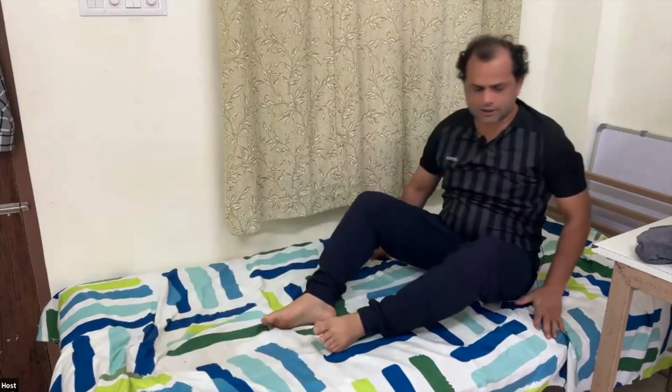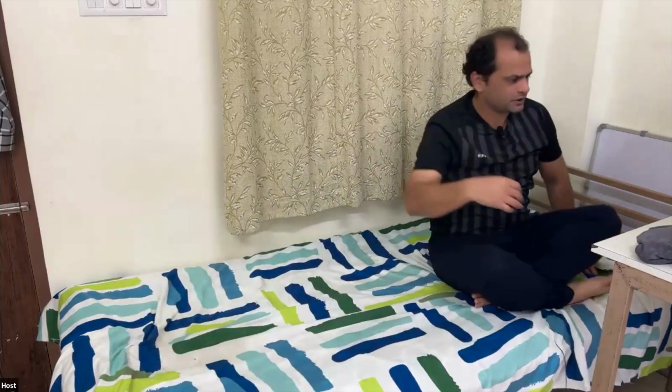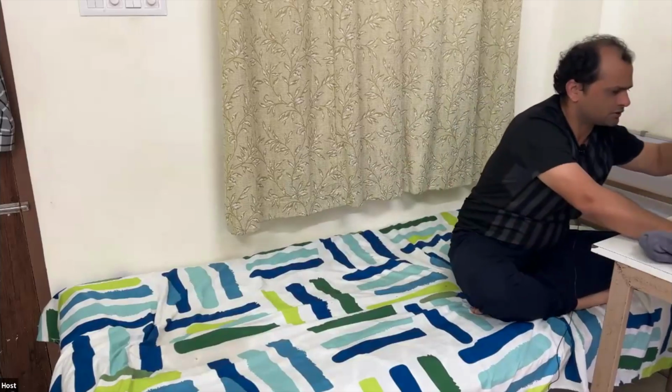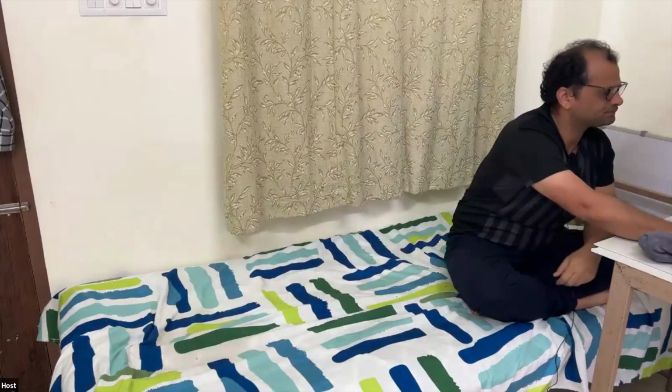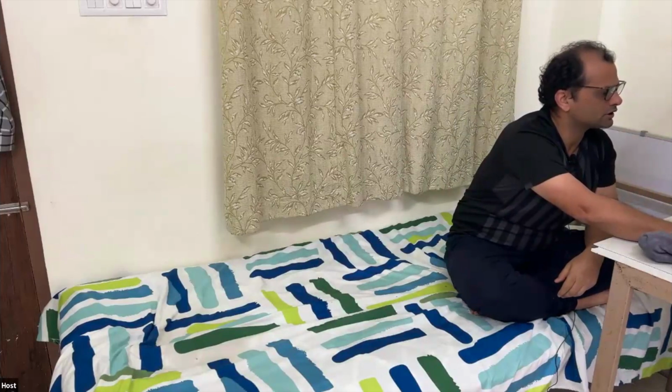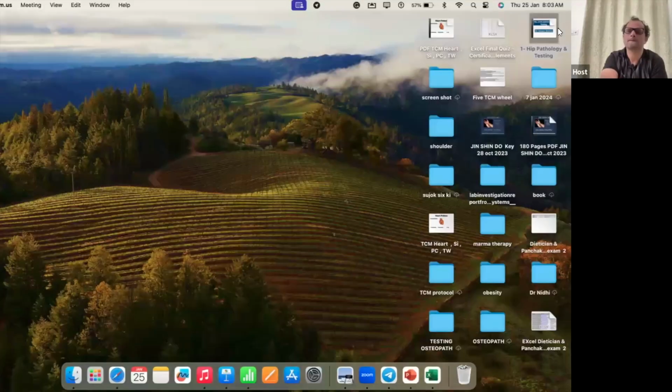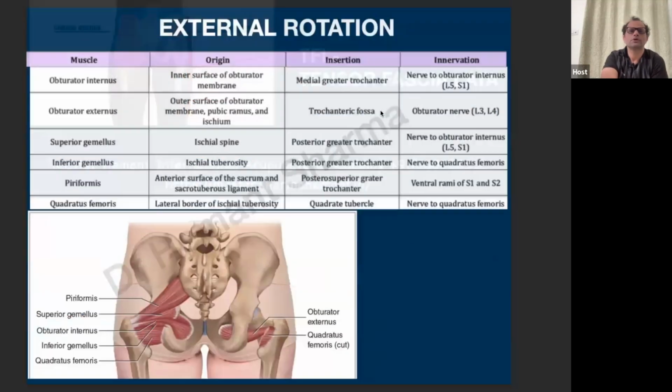Now the final and last movement of today is external rotation. So finally, we have reached the external rotation.